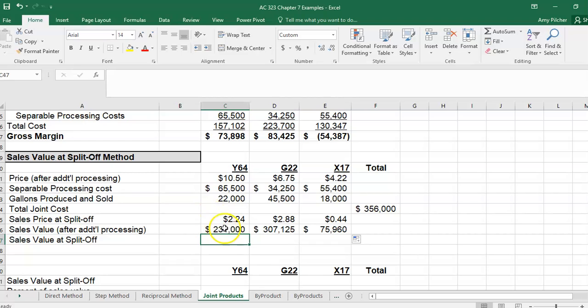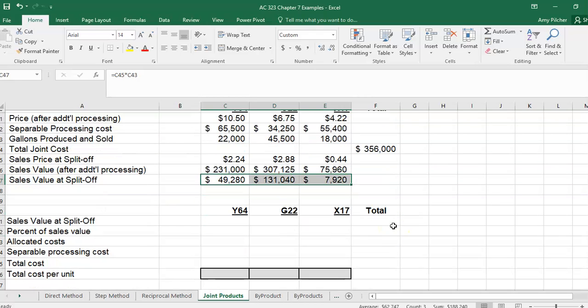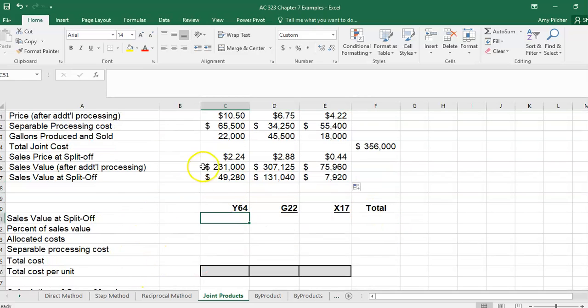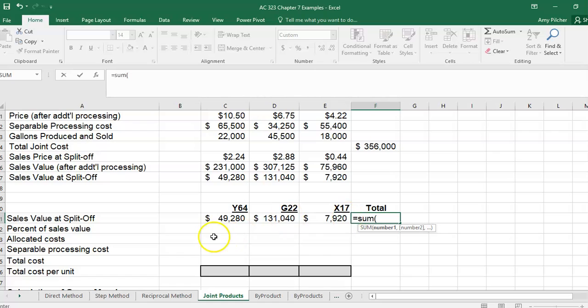And our sales value at split off is $2.24 times 22,000 gallons. So we have our sales value at split off, which we just calculated. Add those up, we get our total.